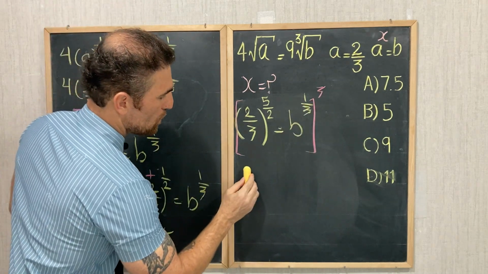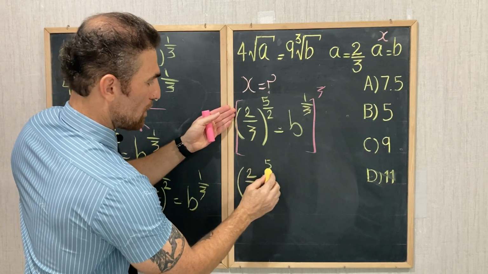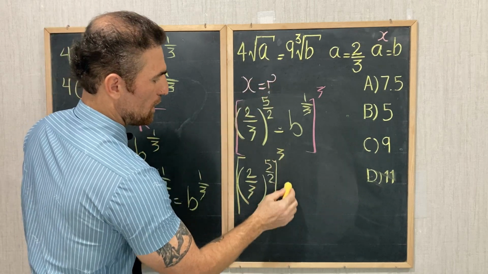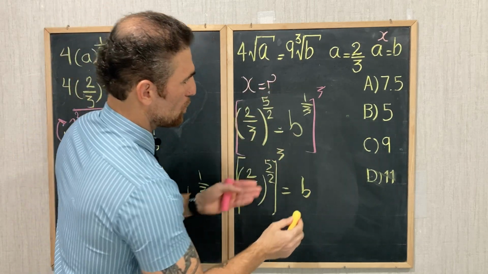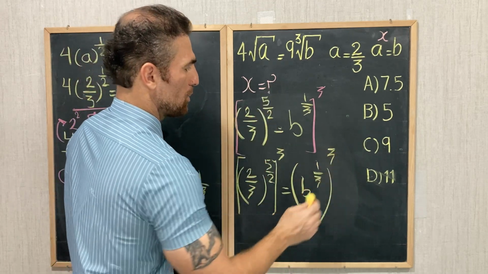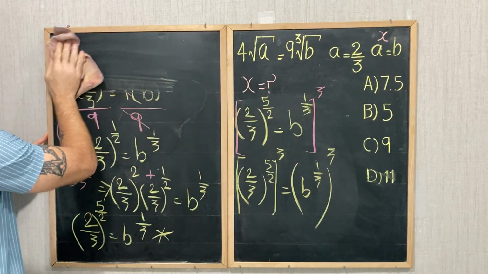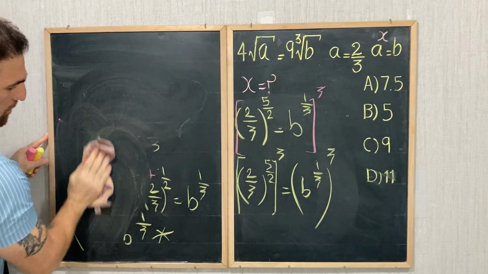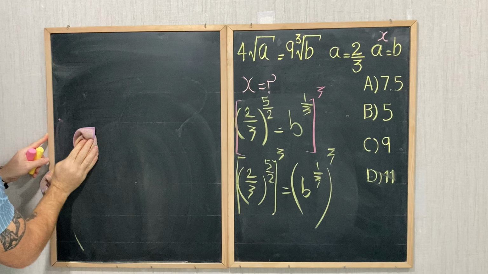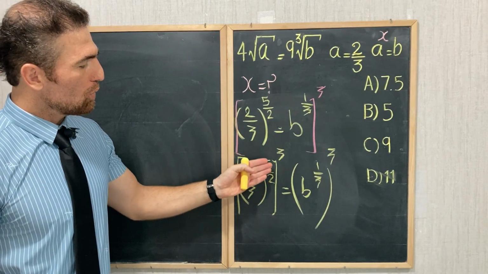It's going to be 2 over 3 raised to the power of 5 over 2, to the power of 3, equals b to the power of 1 over 3 raised to the power of 3. But what is the next step? Again, let me erase this part to continue the solution. Okay. We have 2 over 3 to the power of 5 over 2 raised to the power of 3.